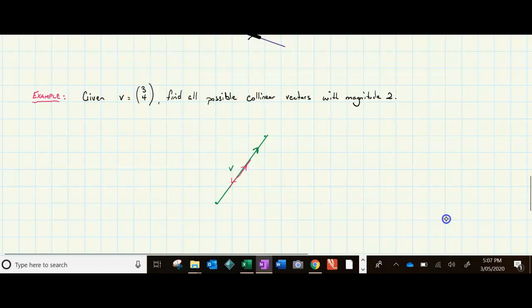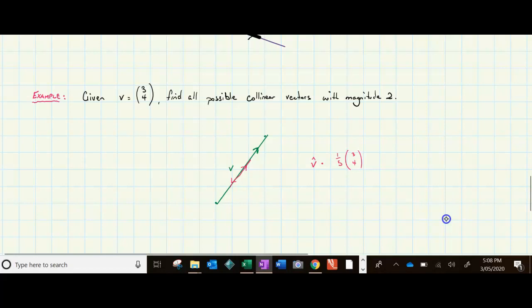So we know how to find the unit vector. It's v. We found it in the previous question. It was 1/5 by 3, 4, wasn't it? But that's the unit vector in the direction of v. Now we're not actually looking for the unit vector in the direction of v. We want a vector of magnitude 2 in either direction.